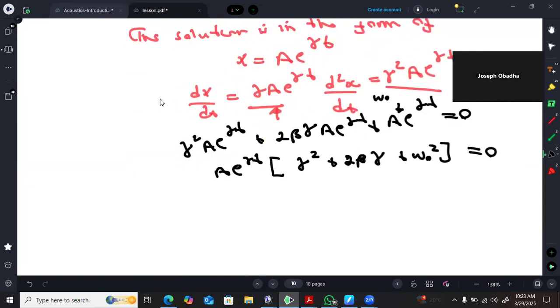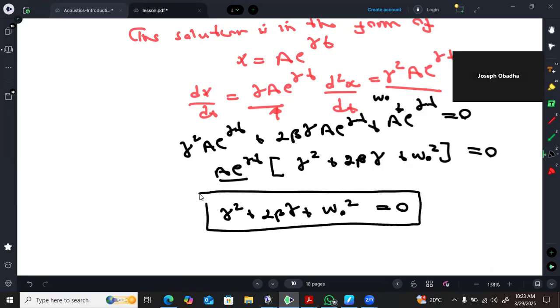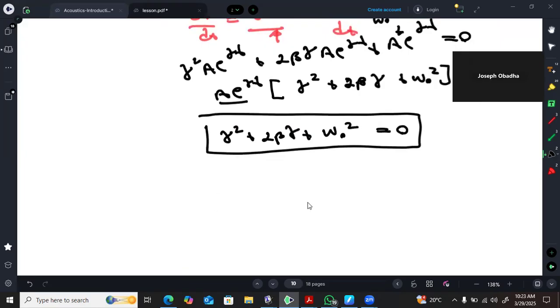And if we divide both sides by this factor, then I have gamma squared plus 2 beta gamma plus omega naught squared equal to 0. You can always solve this quadratic equation using the known methods. If you do that, then you can see we'll have gamma equal to minus beta plus or minus the root of beta squared minus omega naught squared.